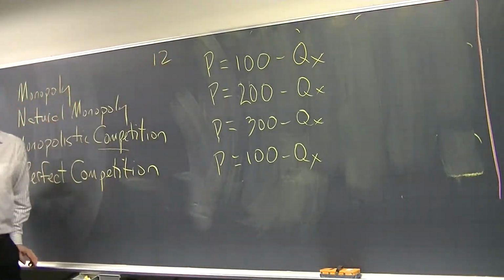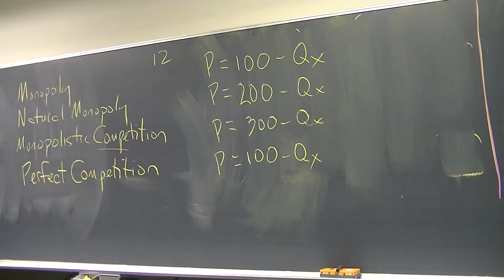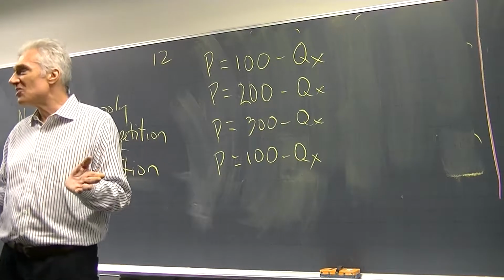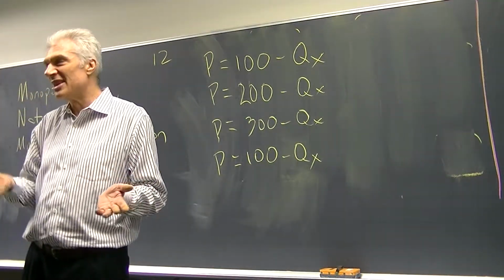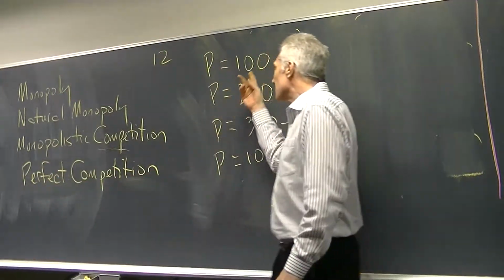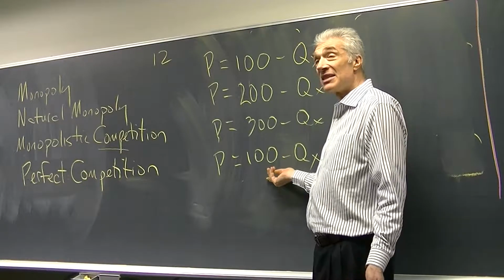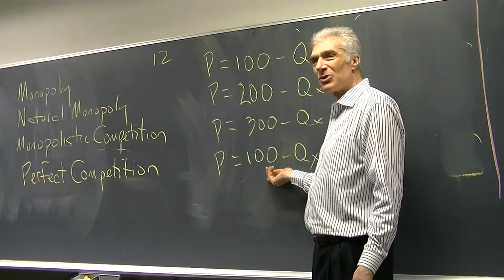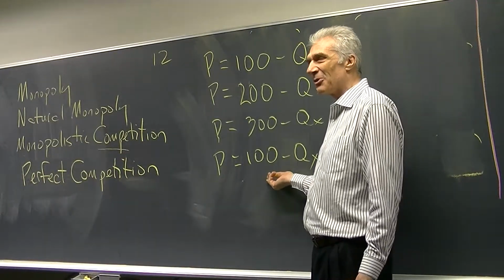Still haven't really asked you to do much work yet. We're still not asking you to do much work. Now we're setting the problem up. So the first thing, go to 11, just make your definitions. The definitions, we're seeing, are all the same. Now at 12, just make up some demand curves. And actually now we're seeing it's still all the same. So when do we get the separation?